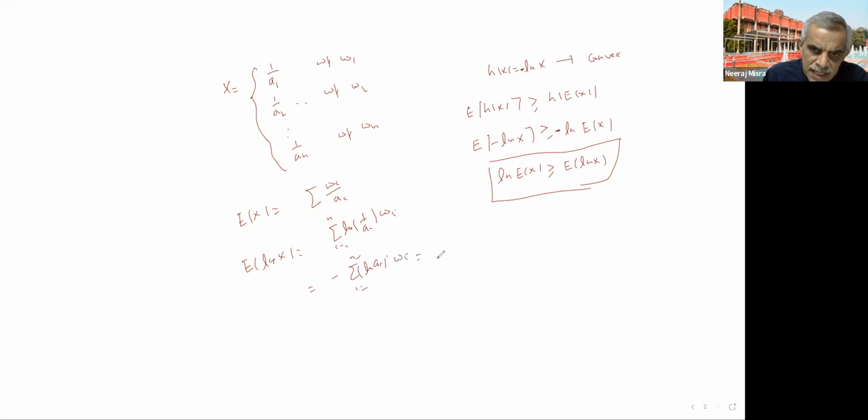This can be written as minus summation i equal to 1 to n, log of ai to power wi. Now this is a sum of logs, so that can be written as minus log of product i equal to 1 to n ai to power wi. Is that okay? So now I just put it over here.